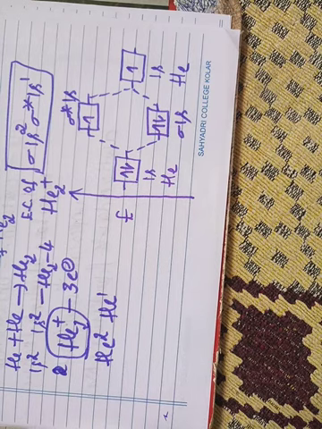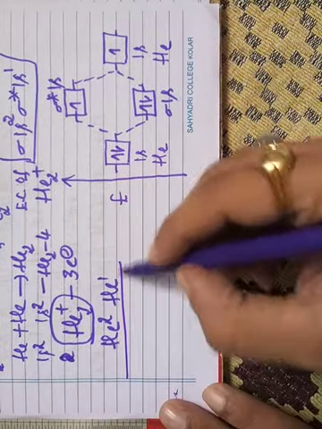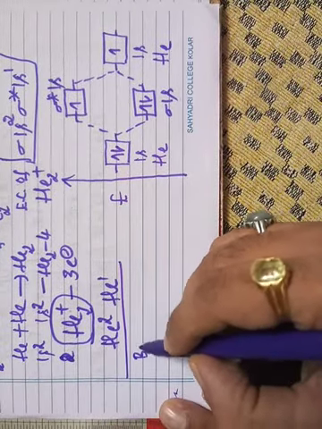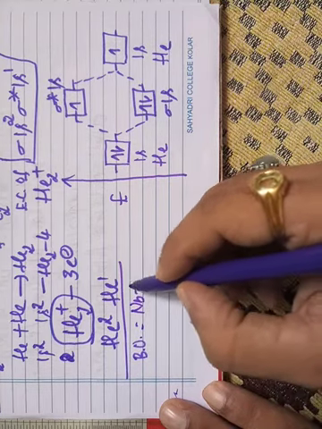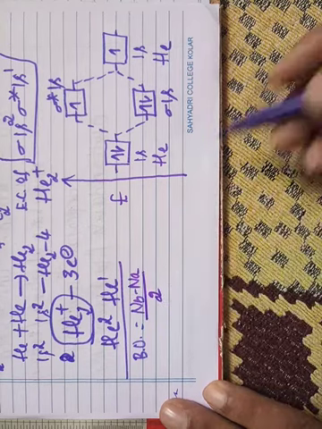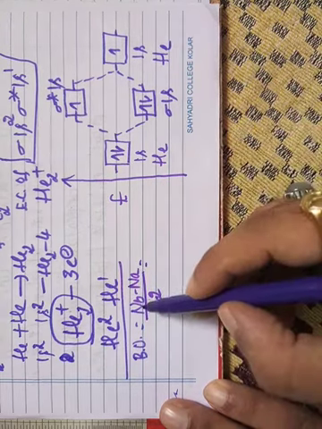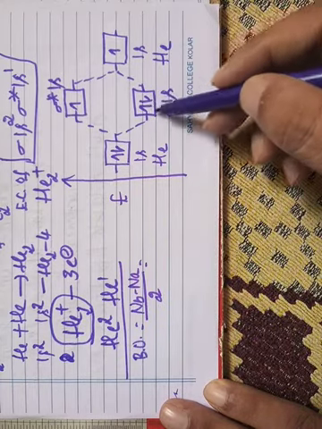Okay, so now let us calculate the bond order. Bond order is equal to (Nb minus Na) divided by 2. Nb is the number of electrons in the bonding molecular orbital; here there are two electrons.